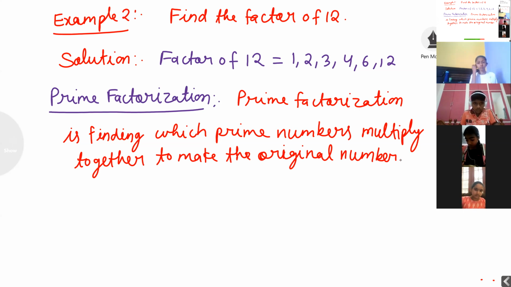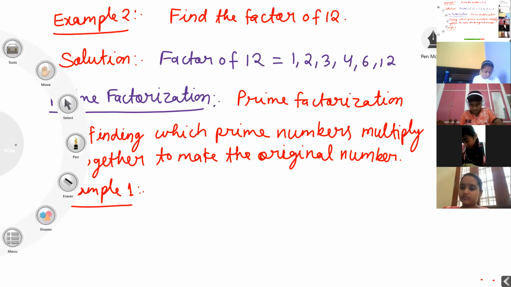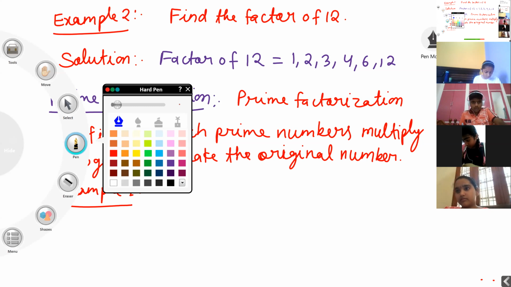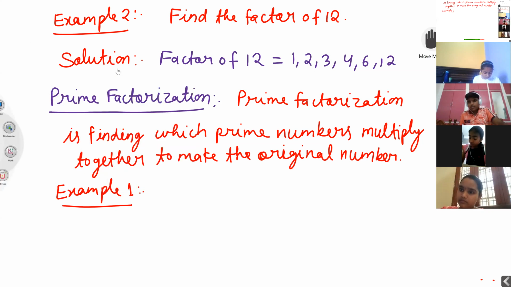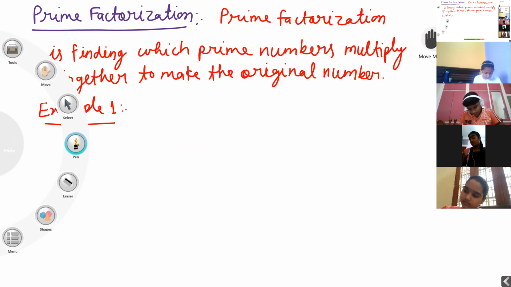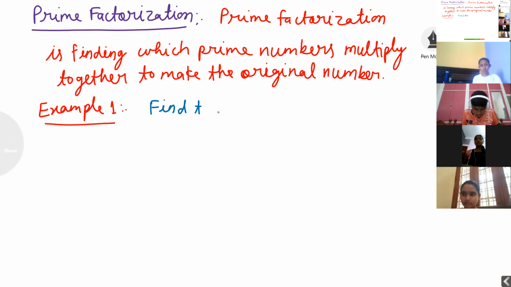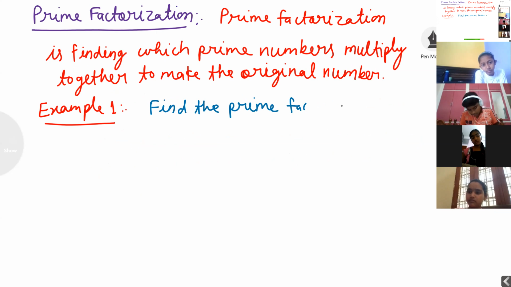Example first. Find the prime factor of 20.